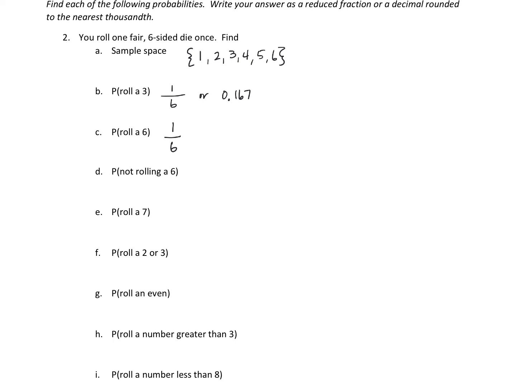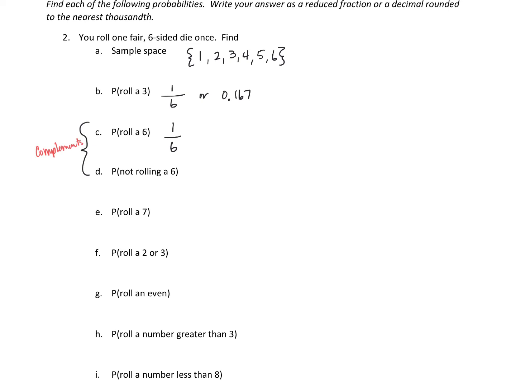Part D is the probability of not rolling a 6. So this is complementary to C. So C is the probability of rolling a 6, and D is the probability of not rolling a 6. So you either roll a 6 or you don't. Remember that complementary events must add up to 1.